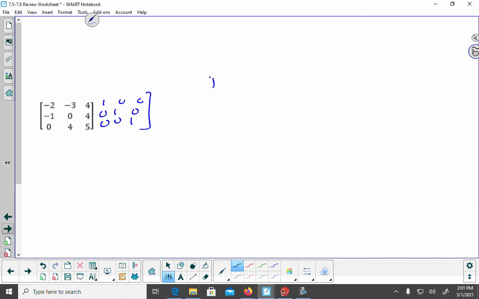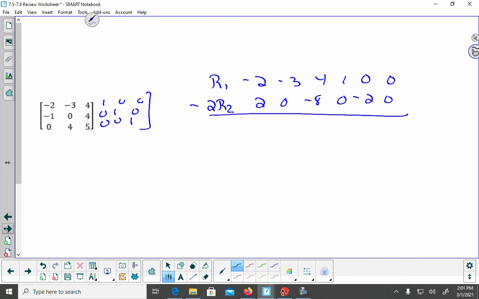So I'm probably going to multiply. I'm going to leave row 1 alone, and I'm going to multiply row 2 by a negative 2. So that'll be a positive 2, negative 8, negative 2. And when I add, I get 0, negative 3, negative 4, 1, negative 2, and 0.